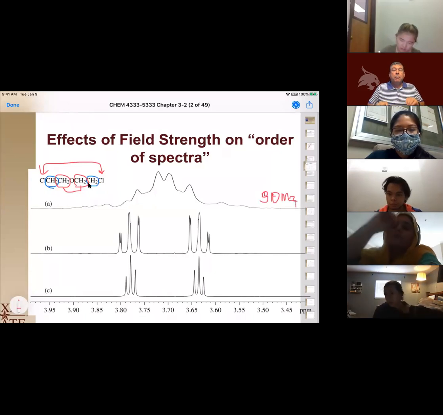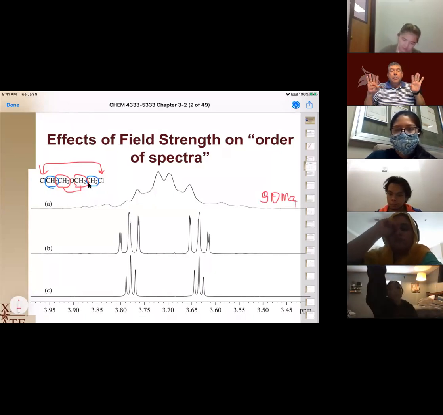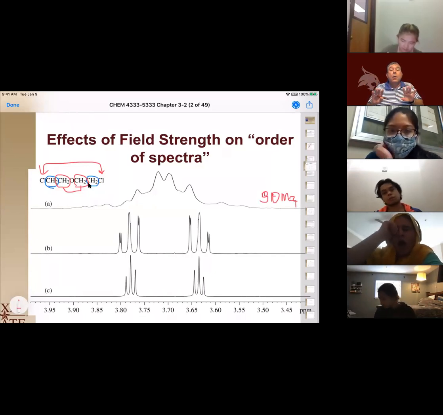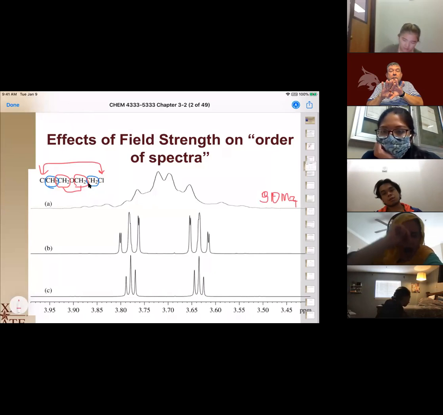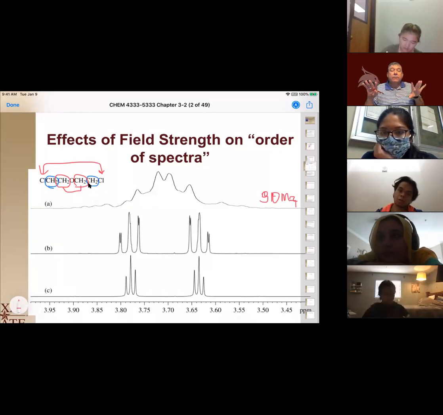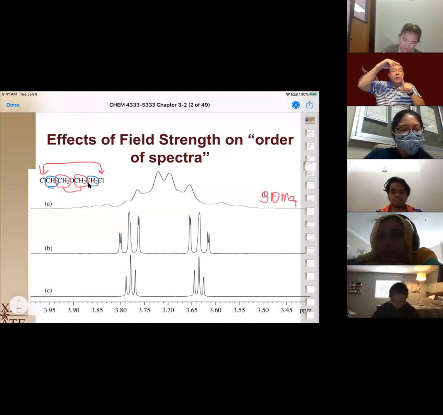because the coupling constants are around 10 to 15 hertz and we only have an 80 megahertz NMR, our coupling constants are overlapping and muddling the system. We cannot get a full separation of peak to baseline.